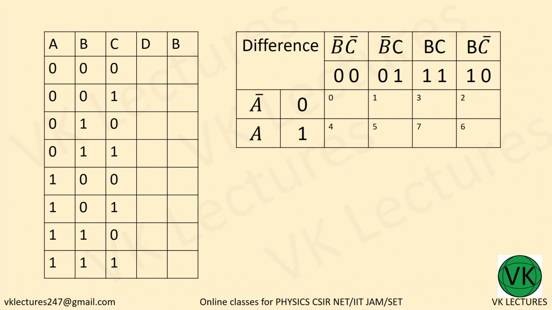This is the truth table for the full subtractor. And what is the full subtractor? The difference is equal to A minus B minus C, and for borrow you should know whether there is a possibility of borrowing till the end.